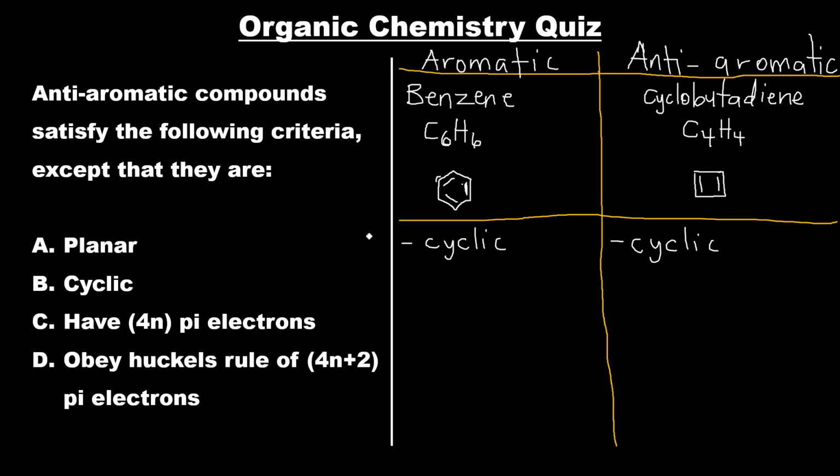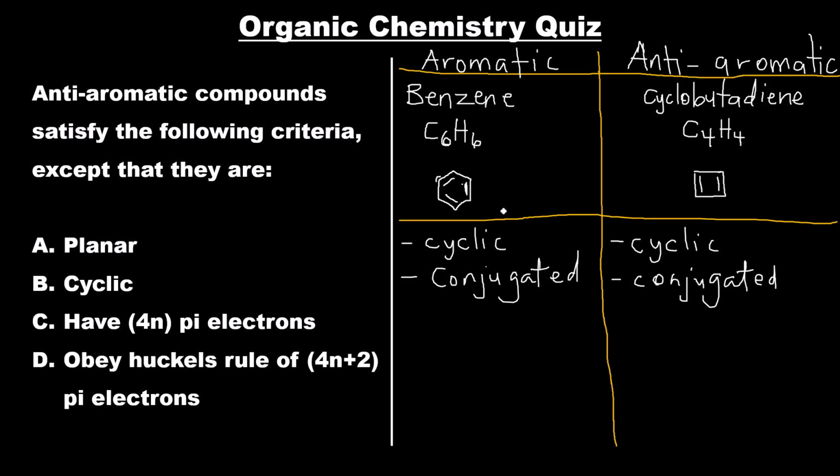The next property that we look out for in aromatic compounds is that the molecule should be conjugated. And the same thing applies to anti-aromatic compounds. Anti-aromatic compounds are also expected to be conjugated. Now, what we mean by the molecule being conjugated is that there should be alternating single and double bonds present in the molecule.